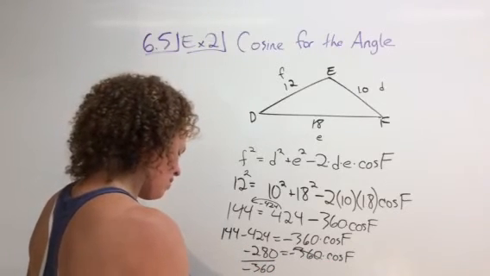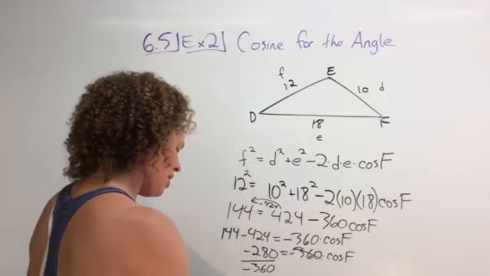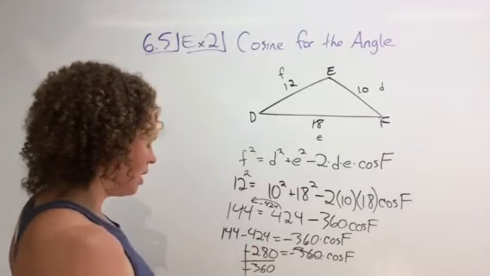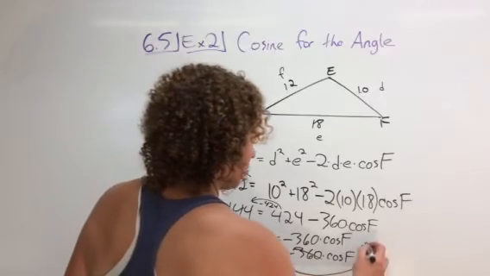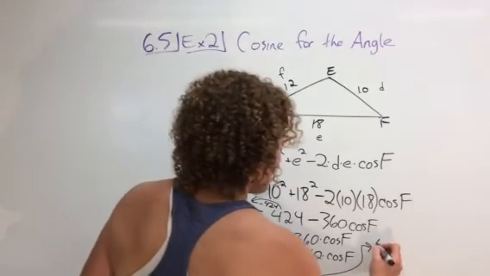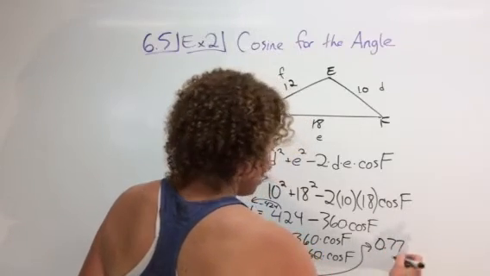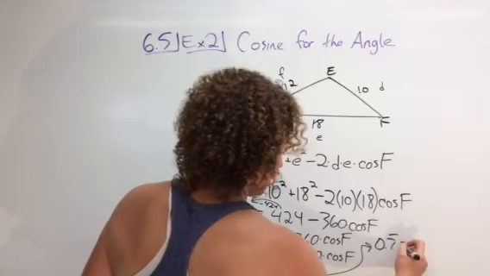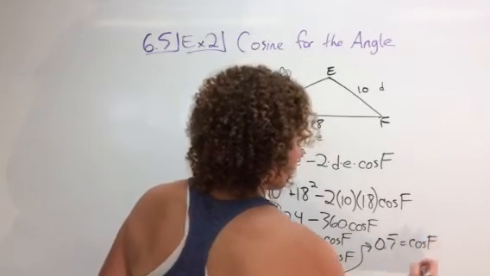So negative 280 divided by negative 360, or you could have just gone, oh, those cancel out. That would give me 0.777 forever. So let's just go 0.7 forever equals cos of F.